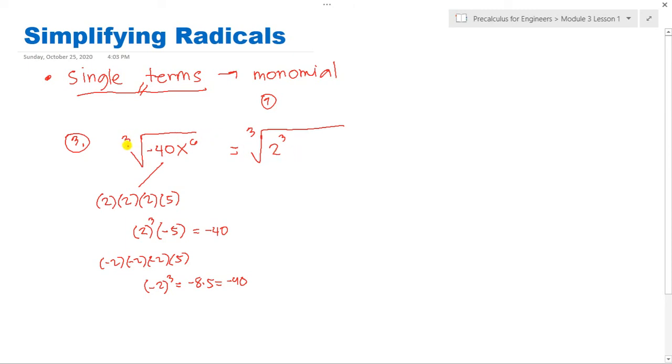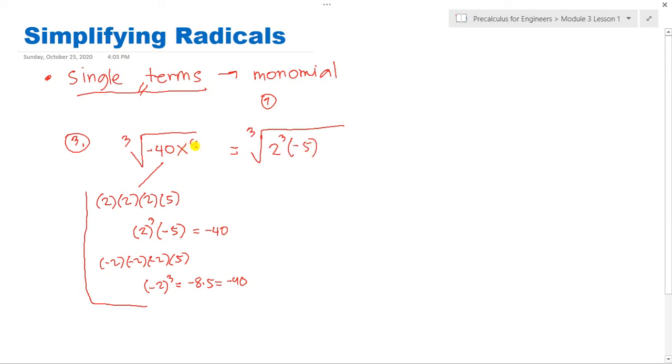We all know that our index is an odd number, therefore we only have one answer. And then dito kasi sinasabi ko na dalawa yung option natin. But actually, both options meron siyang isang way para maka-arrive lang tayo ng isang sagot. So let's try with the positive. 2 cubed times negative 5.